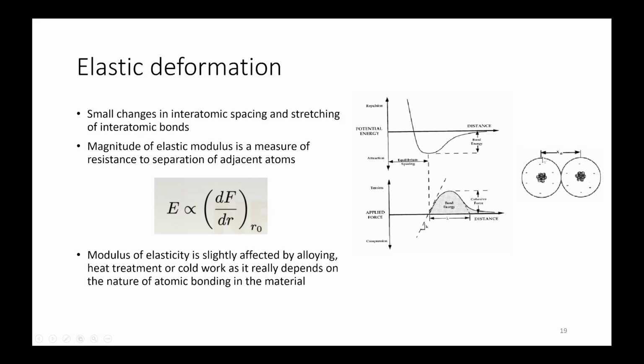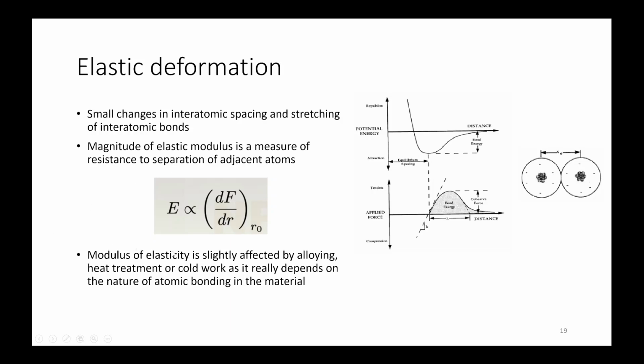So these interatomic bonds change, because at equilibrium the system has the lowest potential energy, having the least energy. So as it deviates from the equilibrium, it will lead to some energy storage.